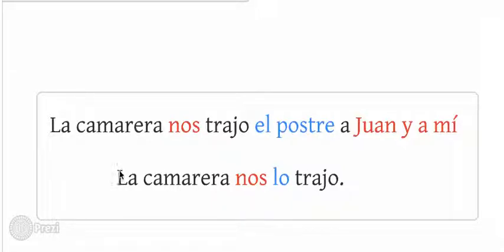Here's an example. The waitress brought the dessert to Juan and I, okay? We want to say the waitress brought it to us, okay? To who brought it, the dessert to who?